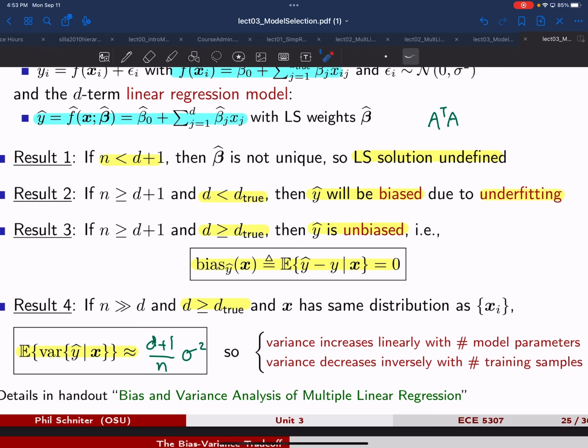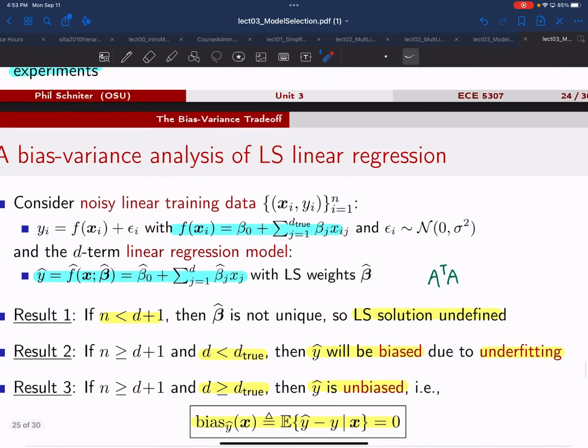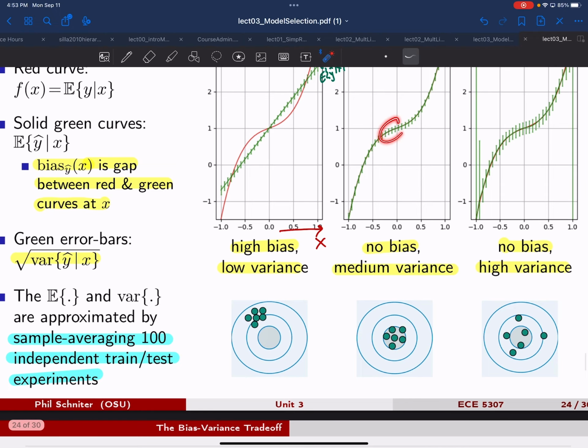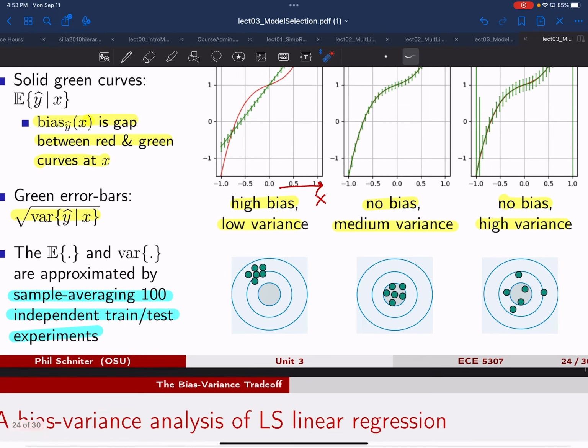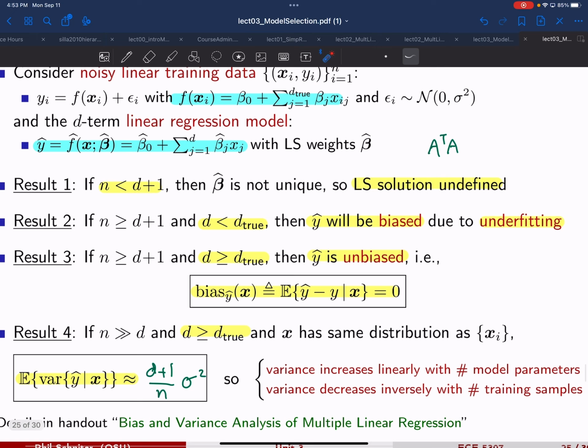It just goes up linearly. And this is maybe not too surprising given what we saw here. Okay, so that tells you that there's a penalty if you make your model too complex for a fixed training data set size. And this is why we don't want to use overly complex models.